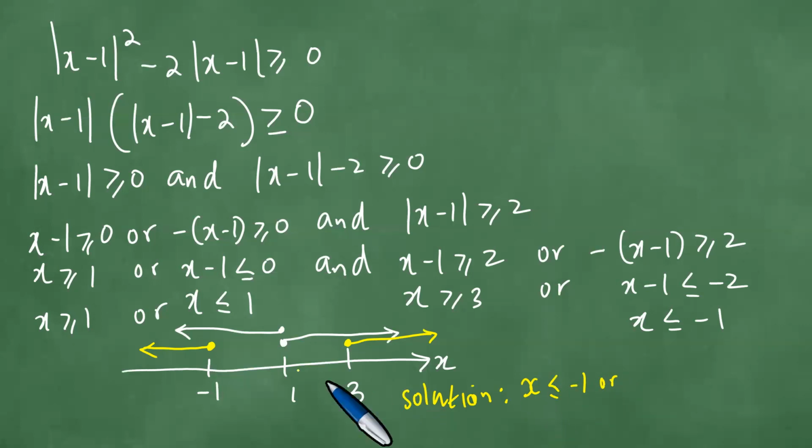Or, and then here you have that x equals 1, or here the overlap as well, so that x is greater or equal to 3. Okay, so this is the solution to the problem. Write x less or equal to -1, or x equals 1, or x is greater or equal to 3. So that gives us the solution to the problem.